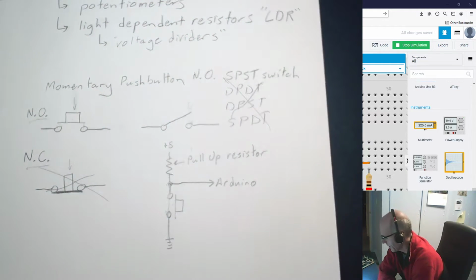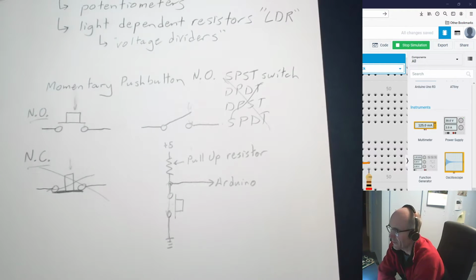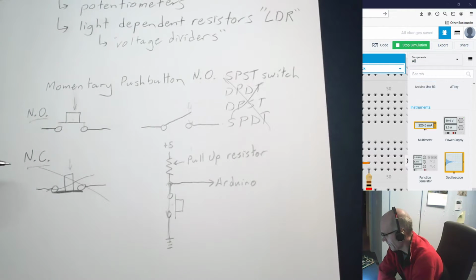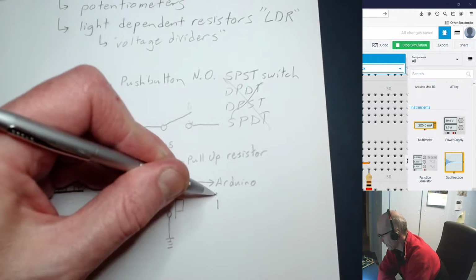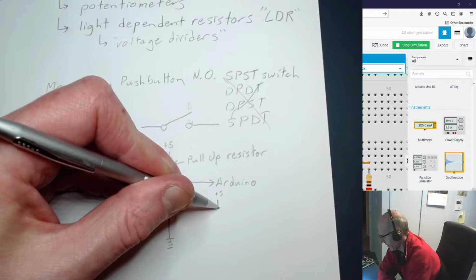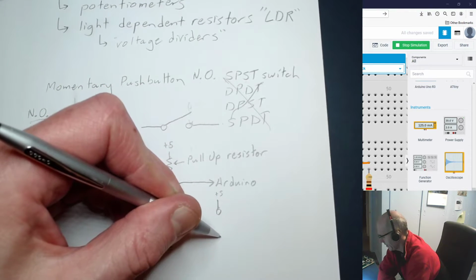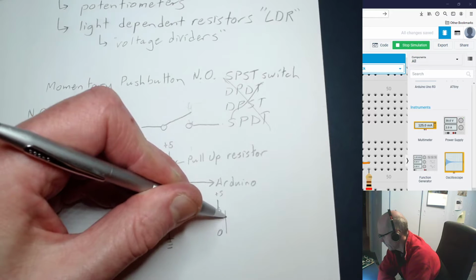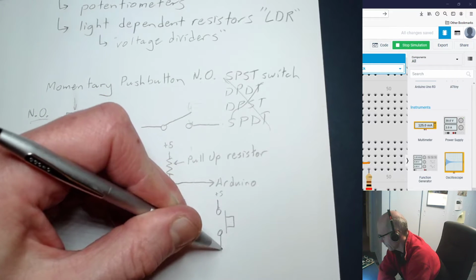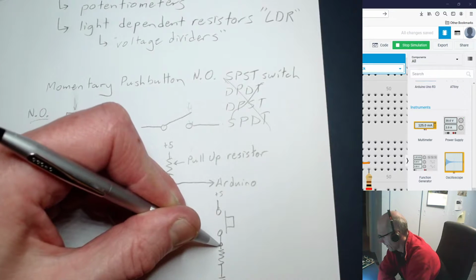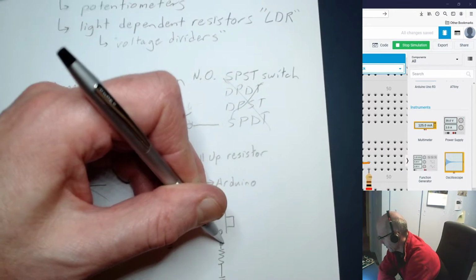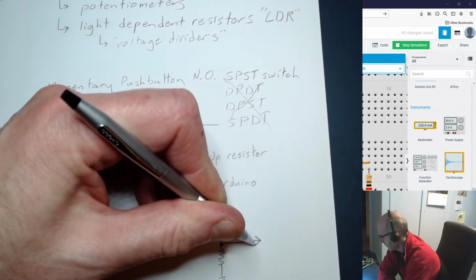Okay, now it's also possible that you might have a pull-down resistor. If you had a pull-down resistor, you'd have your +5 here, and your pin right here, and the pull-down resistor would be on this side, and your Arduino would connect in on that.